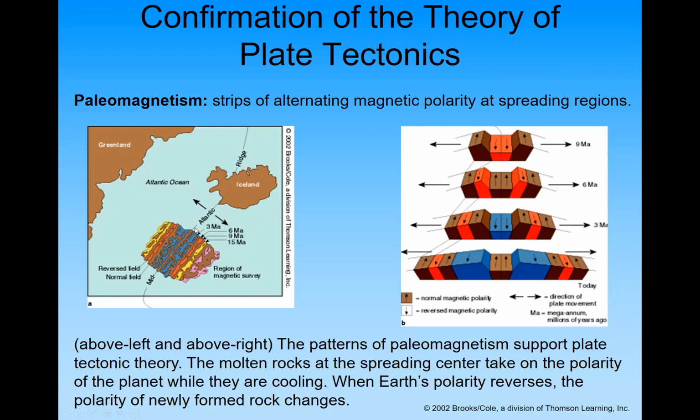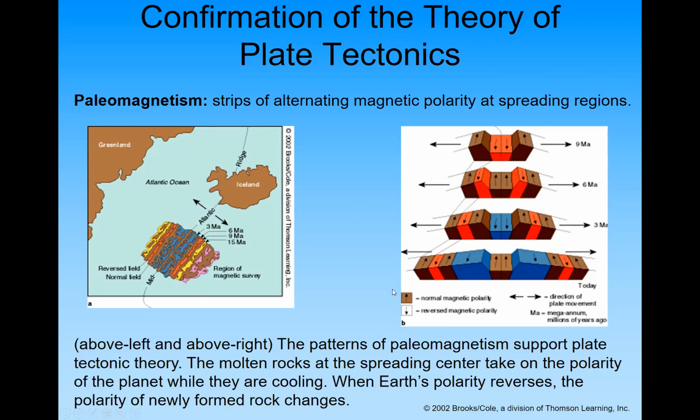And so the mid-ocean ridges and the rocks adjacent to the mid-ocean ridges record a parallel series of magnetic reversals. And so this was also confirmation that new material was forming and that it was moving apart, generating new seafloor.